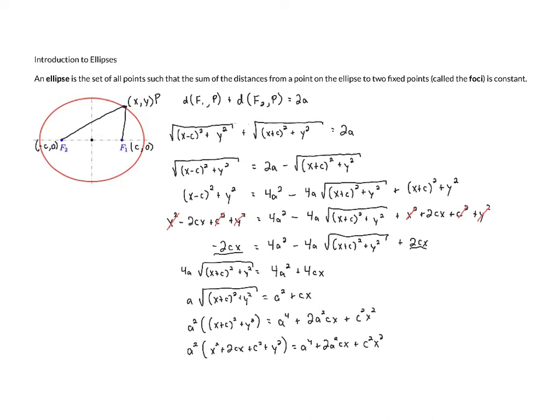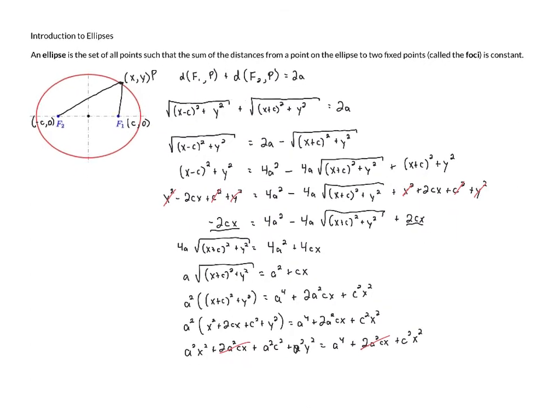When we distribute the a squared on the left, we get a squared x squared plus 2a squared cx plus a squared c squared plus a squared y squared equals a to the 4th plus 2a squared cx plus c squared x squared. And it looks like we've got a 2a squared cx on both sides that we can cancel out.